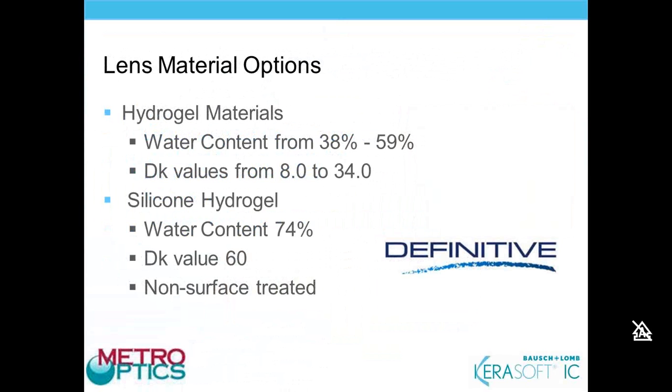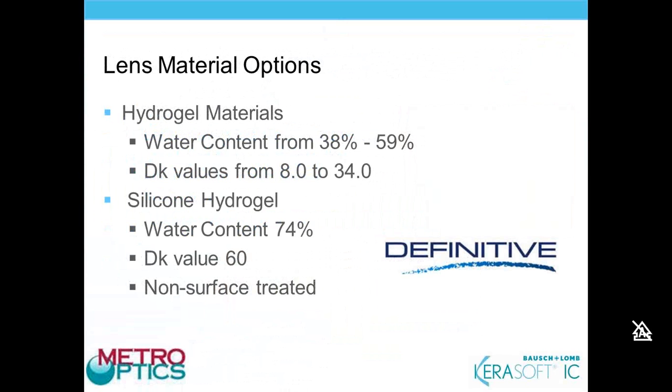So when we think about our lens material options, like I said, the hydrogel materials range between 38 to 59% water content, and the decay ranges from 8 to 34. So again, when we're increasing that center thickness to create a rigid effect, what ends up happening is we end up decreasing the amount of oxygen that's reaching the cornea.